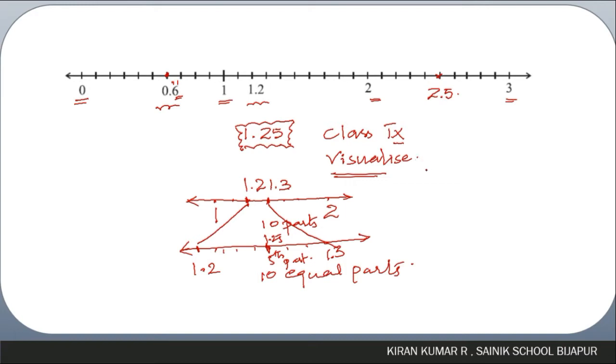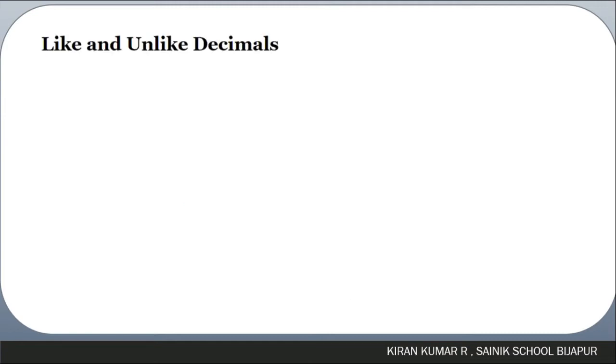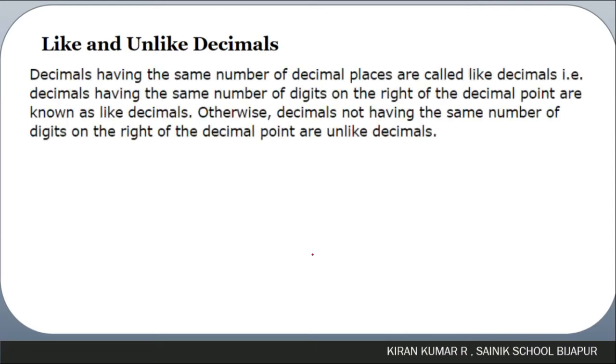Now let us take up a concept called like and unlike decimals. Decimals having the same number of decimal places are called like decimals. Once again, decimals having the same number of decimal places are called like decimals.